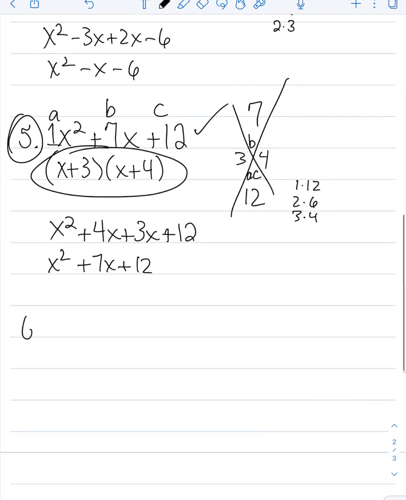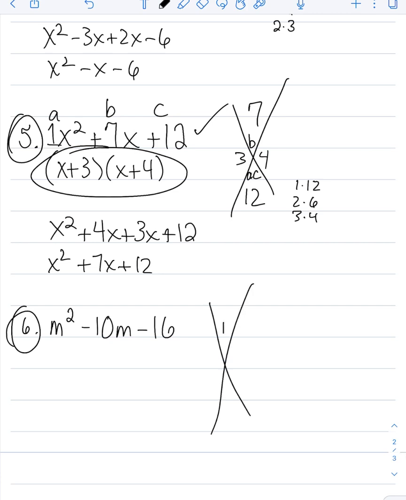Okay, let's keep practicing. So let's say we have m squared minus 10m minus 16. Remember, magic x has your back. A times C. So this is A, B, C. My B, or my middle coefficient, is negative 10.